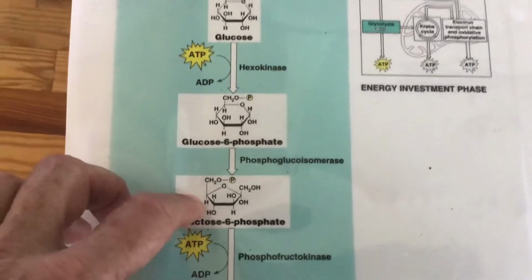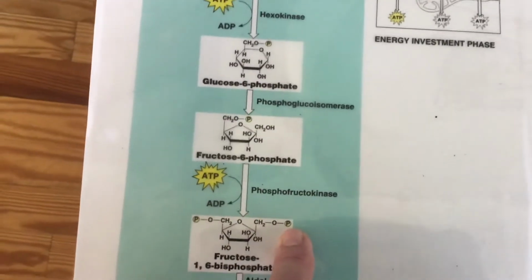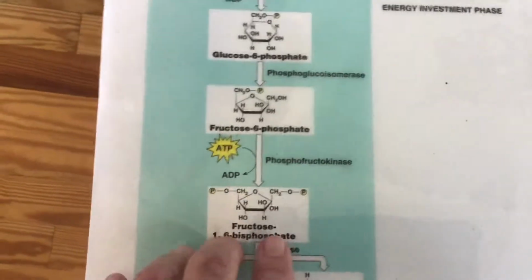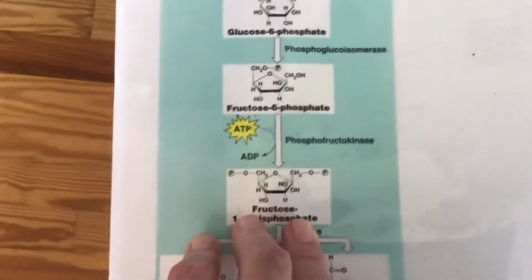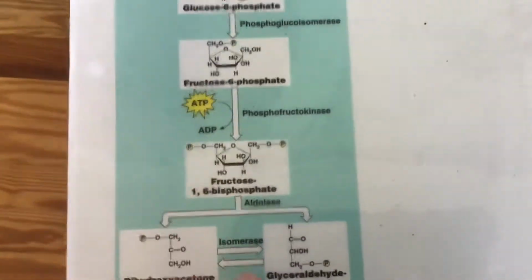Okay, so the next thing that happens, as you might have guessed, is I'm now going to phosphorylate the other handle. So now I have a more symmetrical molecule, and this is the last step before I can literally divide it into 2 equal pieces.